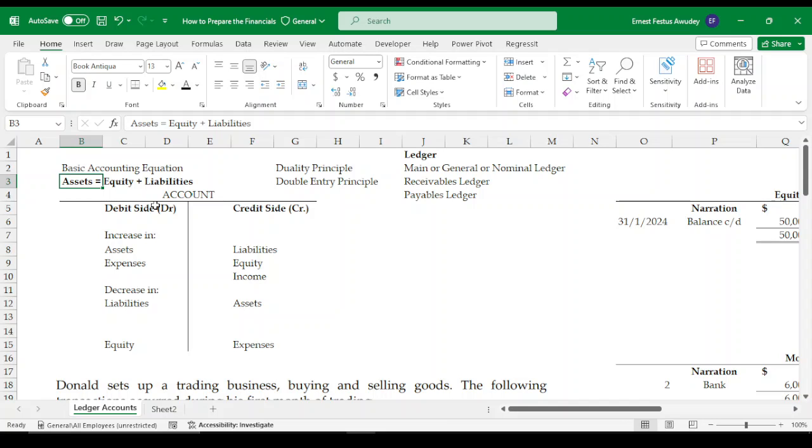The same thing applies to our equity and liabilities. The liabilities are found on the credit side of the equation, or at the right side of the equation. Therefore, they have a credit balance. That is what we are saying.